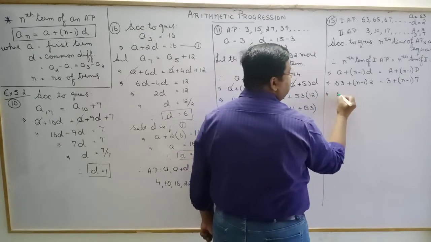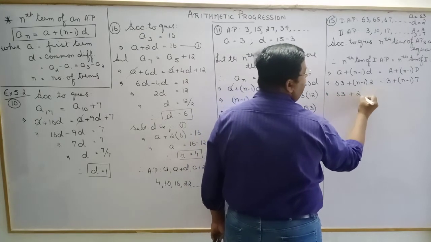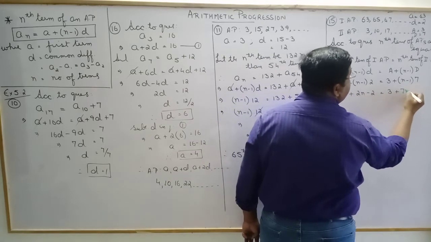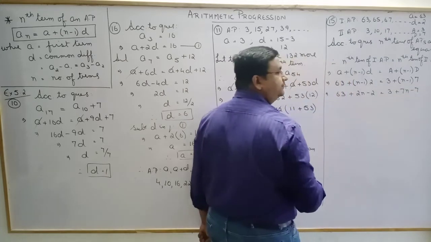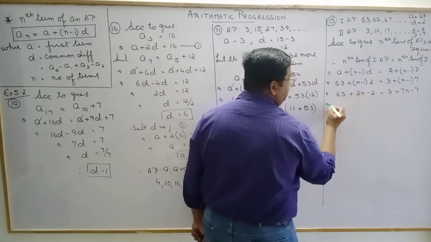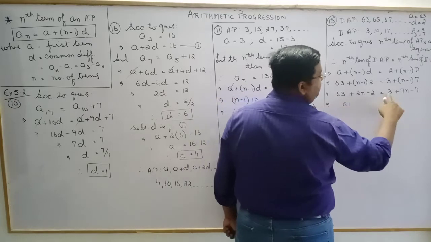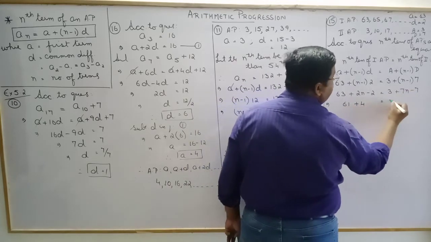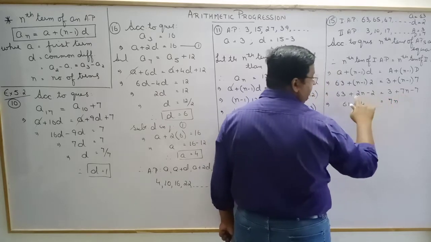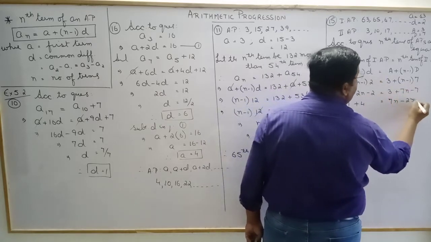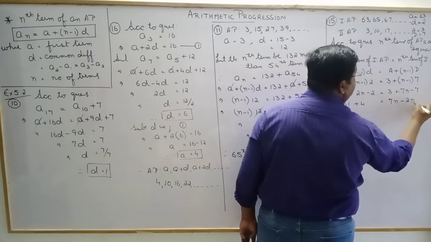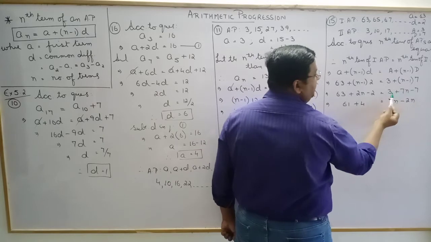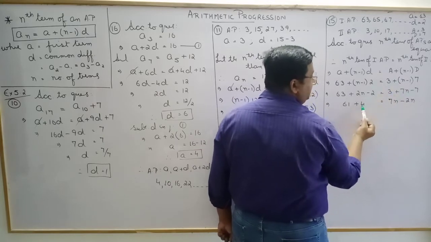Solve it. 63 plus 2 into n, 2n, 2 into minus 1, minus 2. 3 plus 7 into n, 7n, and 7 into minus 1, minus 7. 63 minus 2 is 61. 3 minus 7 is minus 4, which comes over here as plus 4.